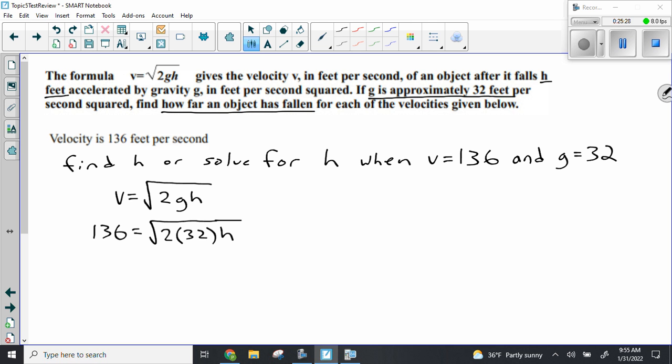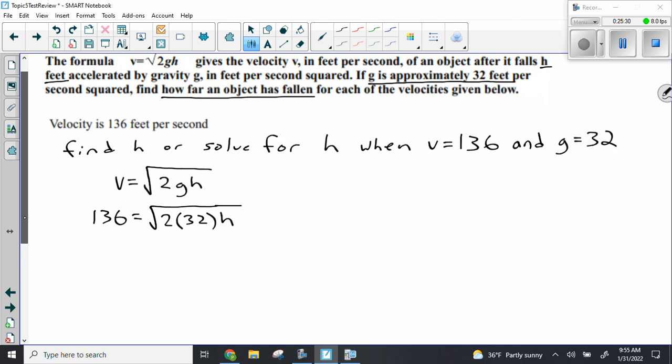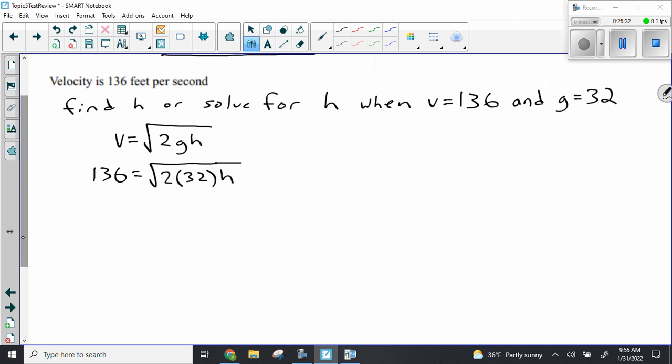Let's do it. First thing I need to do, I've got a radical, it's isolated, and I need to get rid of it. The way that I'm going to get rid of that is by squaring both sides. I'm also going to multiply this 2 times 32, that's 64h. We're going to square that.